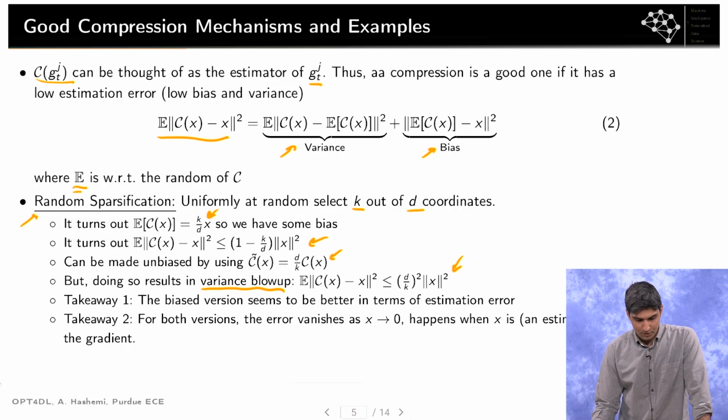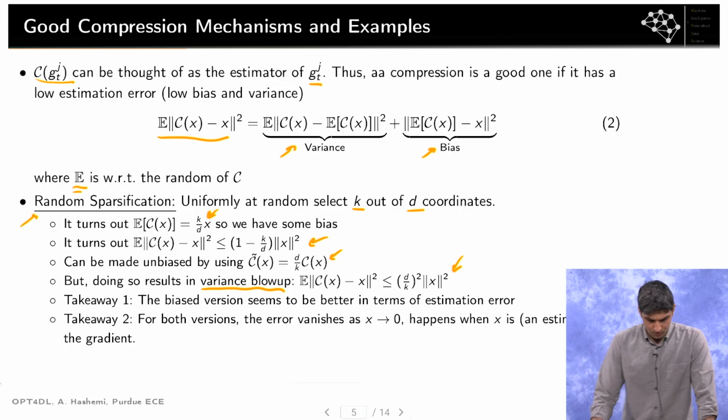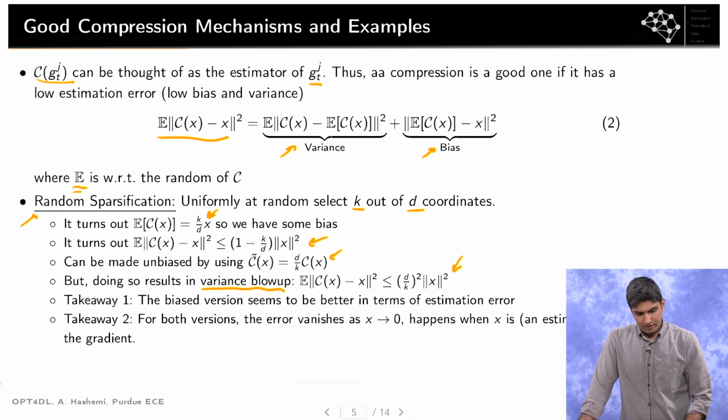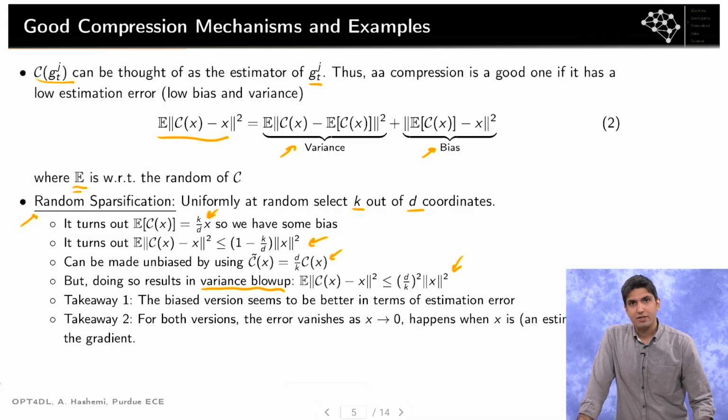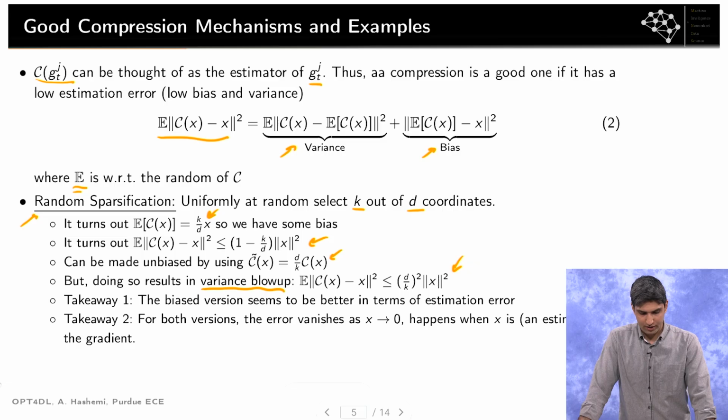So it seems that the biased version is better because it has a lower compression error. We have a factor of 1 minus k over d, something that is between 0 and 1, compared to a factor of (d over k) squared, something that is definitely and significantly larger than 1. So that's one takeaway.